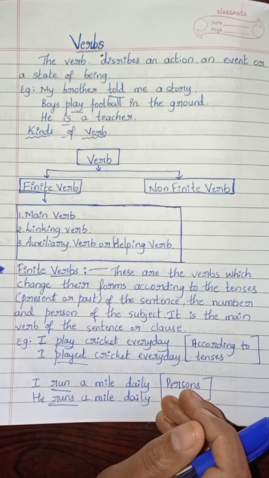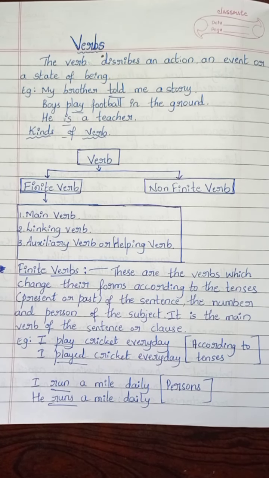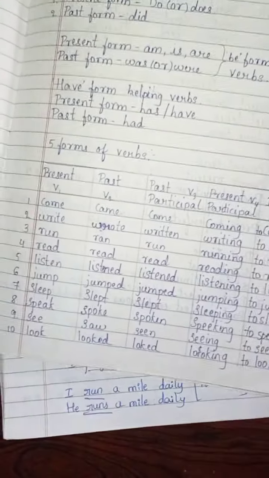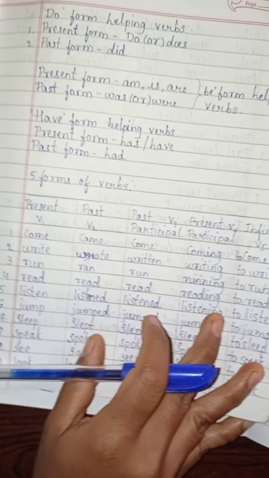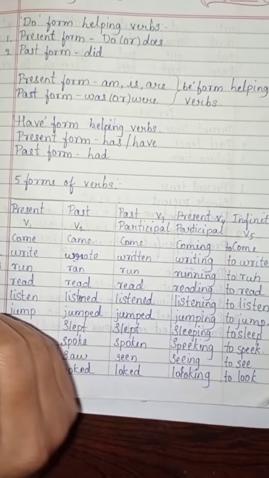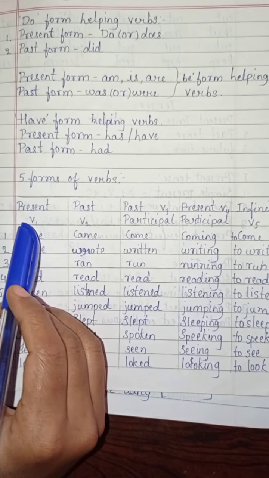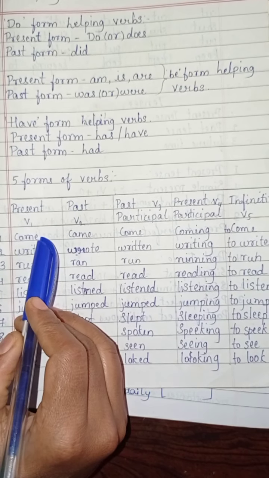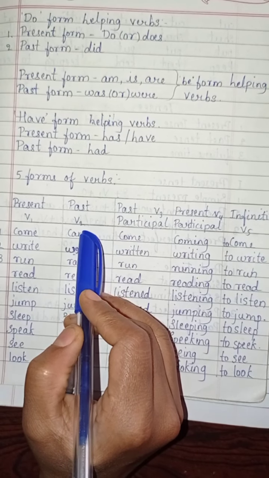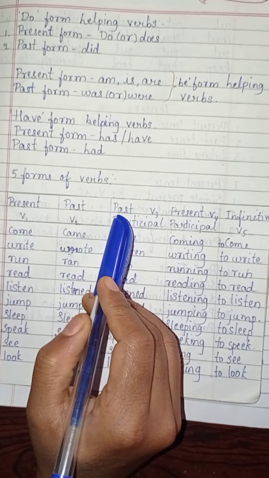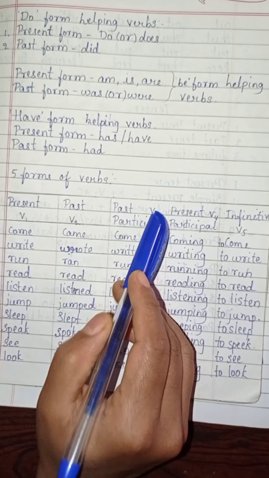So, we can see the 5 forms of verb with examples. See students, the first form is the present form, verb 1. The next form is the past form, verb 2. The third form is the past participle, verb 3.